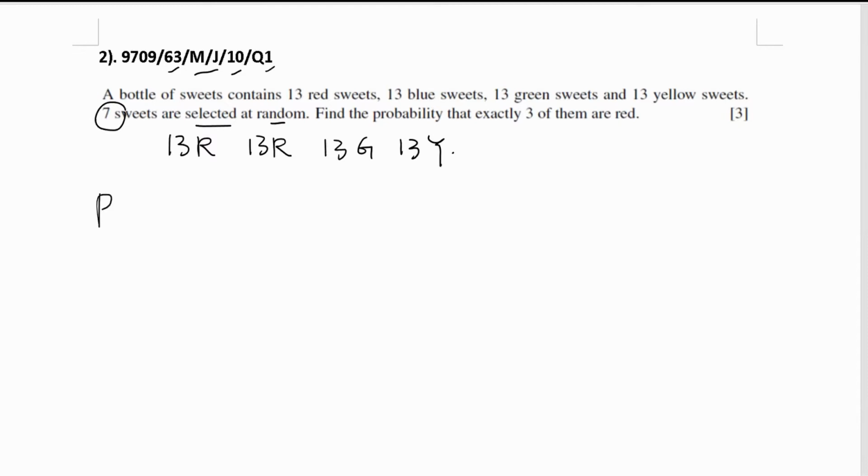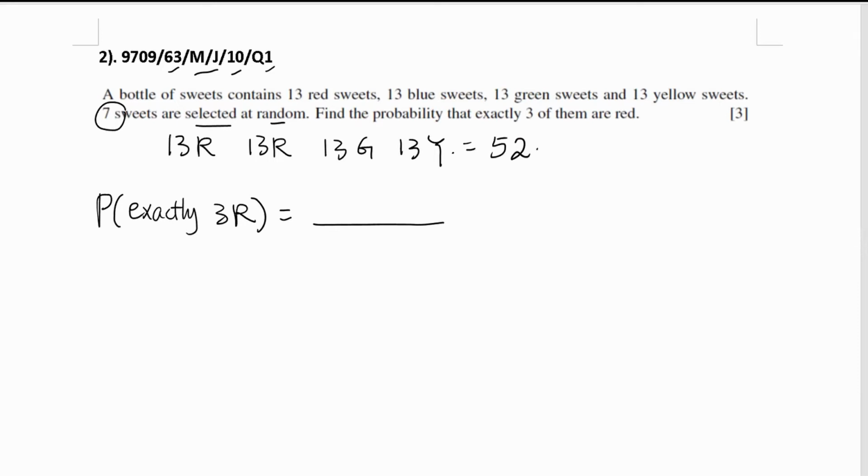So in order to find the probability that exactly 3 red out of 7 sweets, what can we do? To find probability, first we determine the denominator, the total number of ways you can select 7 sweets out of a total of 52 of them, right?